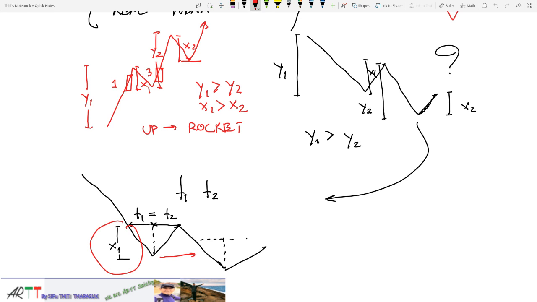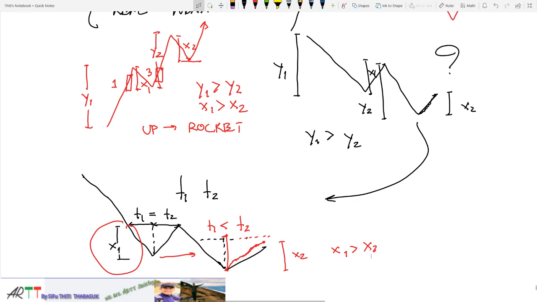We drag x1 as the benchmark. This is x1. That means if price slowly moves up and makes T1 shorter than T2, they have a chance to rebound and cannot hit x1. That means we suppose x1 is longer than x2.